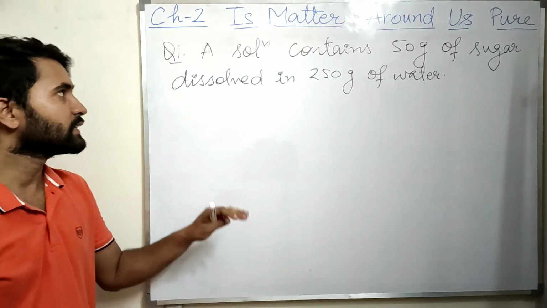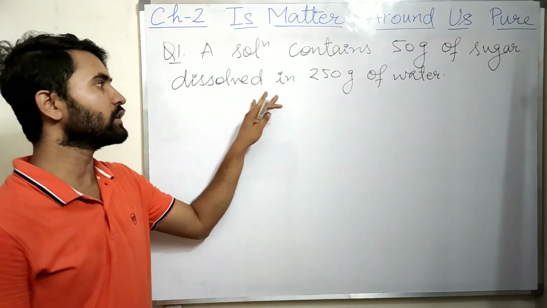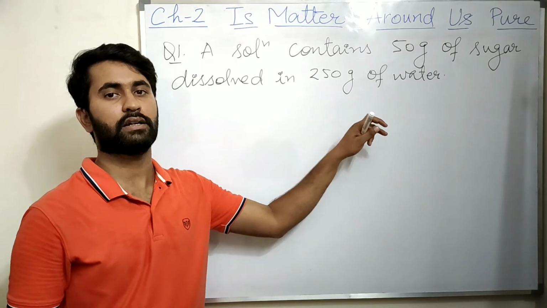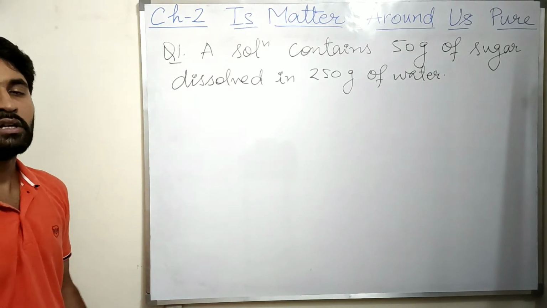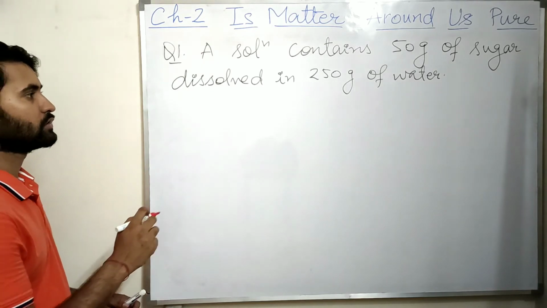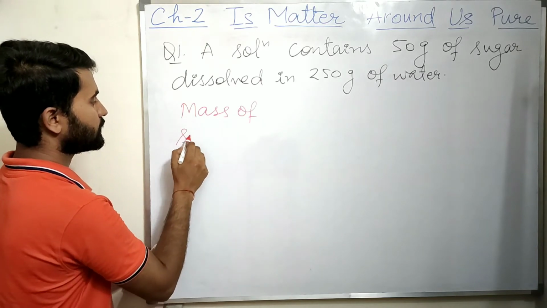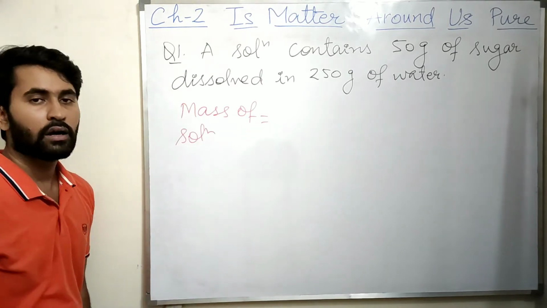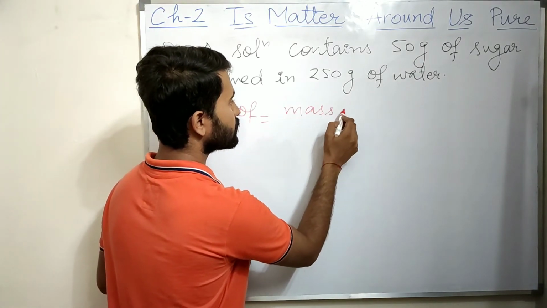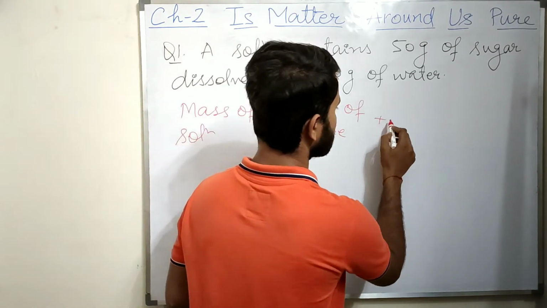First question is, a solution contains 50 gram of sugar dissolved in 250 gram of water. We have to calculate the concentration of solution. So first we will find out the mass of solution. Mass of solution is equals to mass of solute plus mass of solvent.